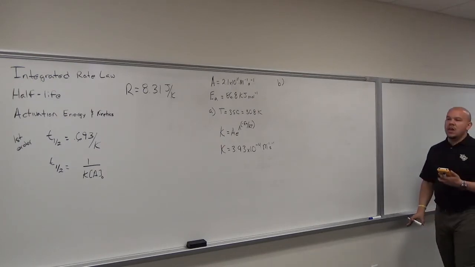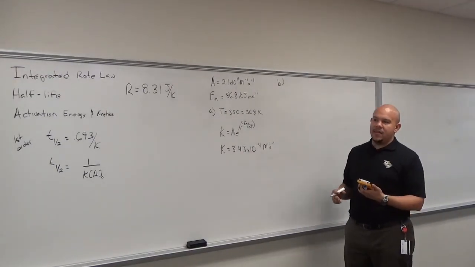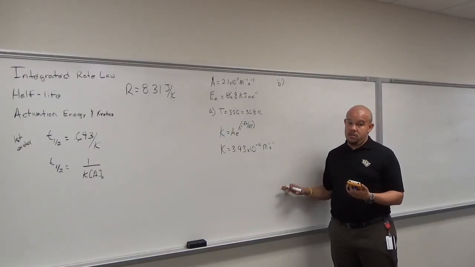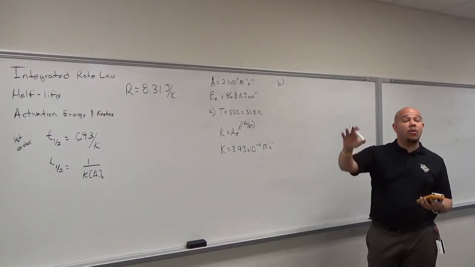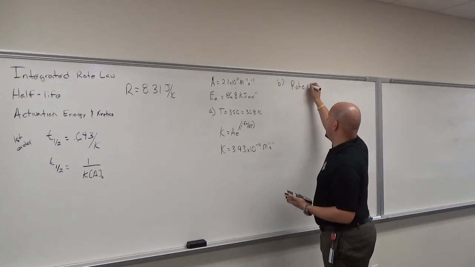Okay, it makes sense. What is the initial rate at 35 C? So now we're talking initial rate. When we talk initial rate, we're talking about rate laws that look like this.